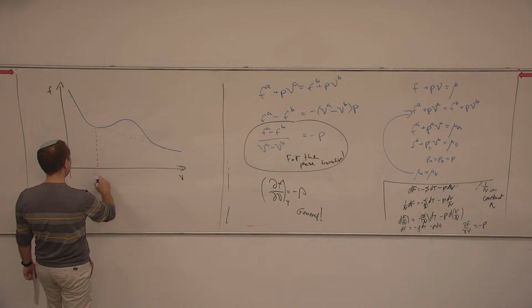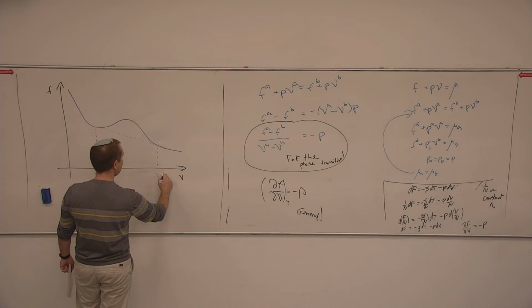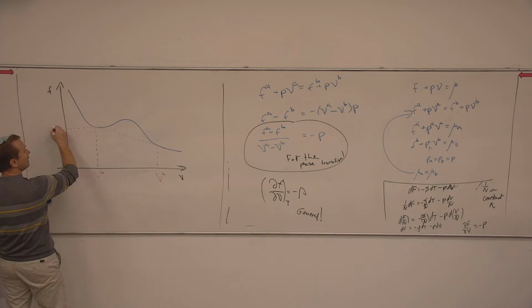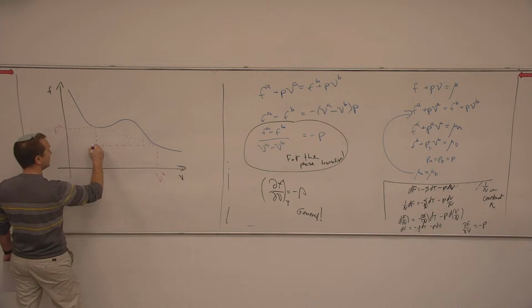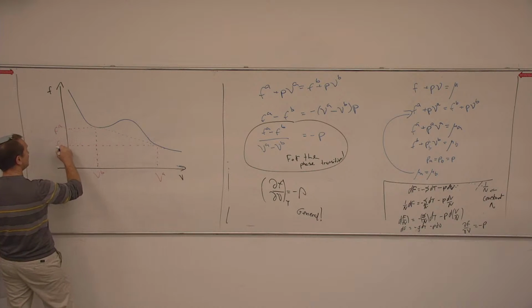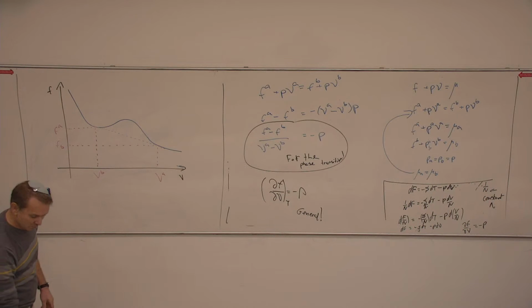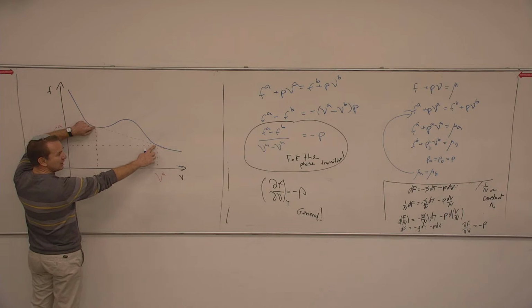This is V, or nu B. This is nu A. This is FA. This is FB. So I'm looking for 2 points such that I can connect those 2 points by a straight line.